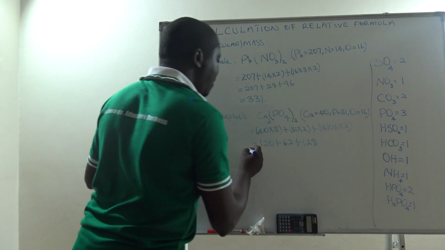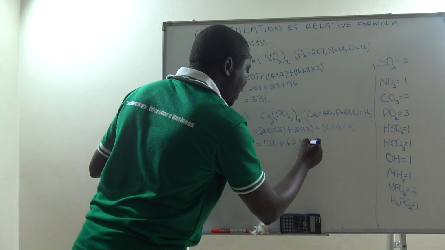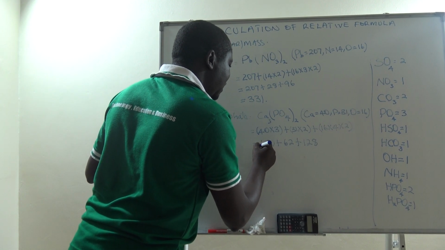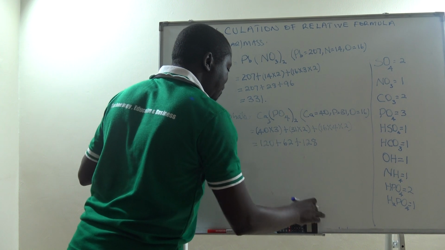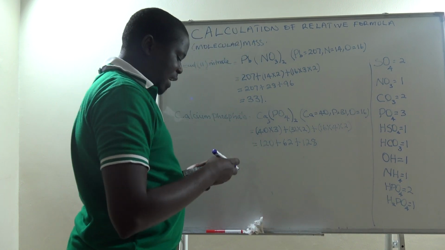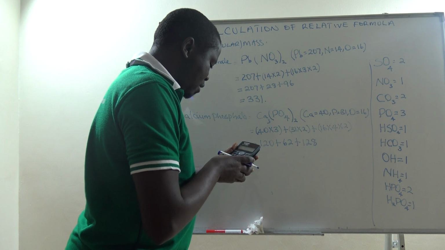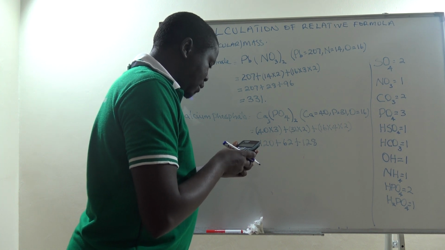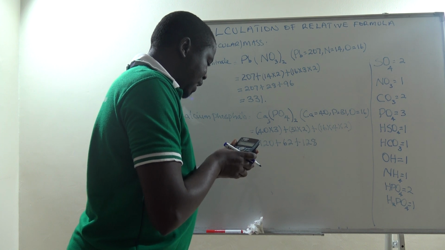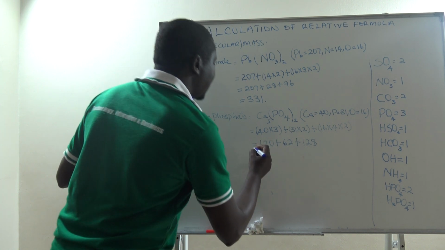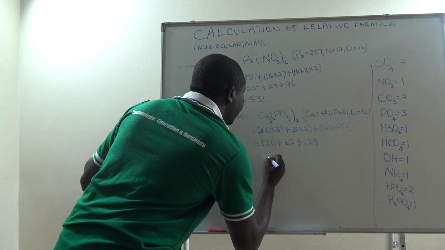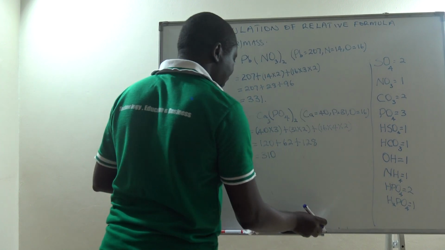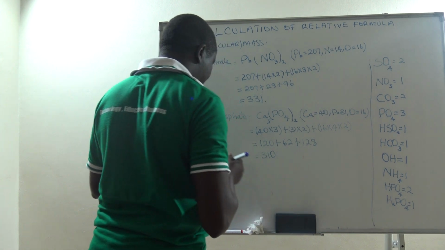Then we have to add these together. 130 plus 60 is 190, plus 20 is 210. Then plus 100 is 310. Let us prove using a calculator. 120 plus 62 plus 128 gives us exactly 310. So this is the relative formula mass of calcium phosphate.